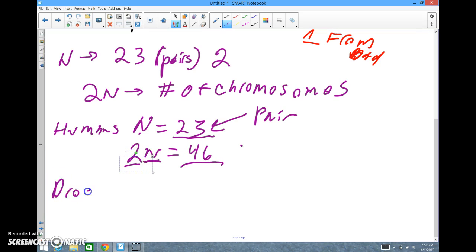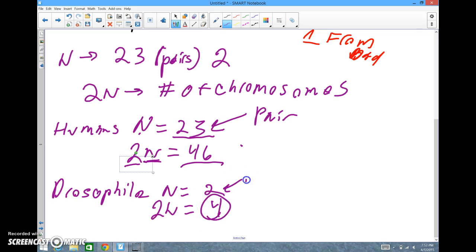If I were to do this for Drosophila melanogaster, which is the common fruit fly, n would be 2, and 2n would be 4. So Drosophila actually has 4 chromosomes, but it has 2 pairs. Okay? So n, let's do this.